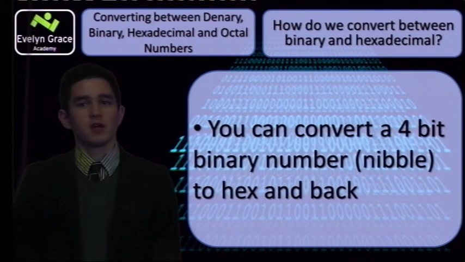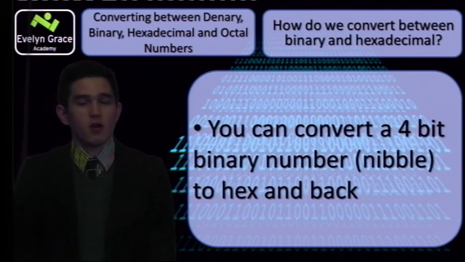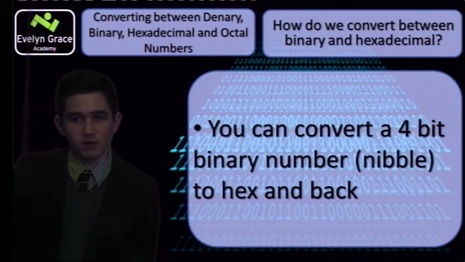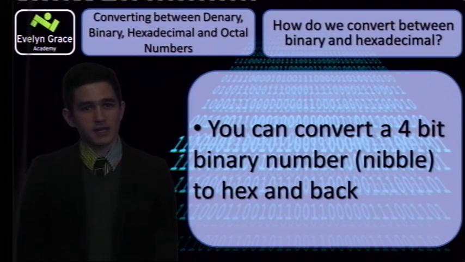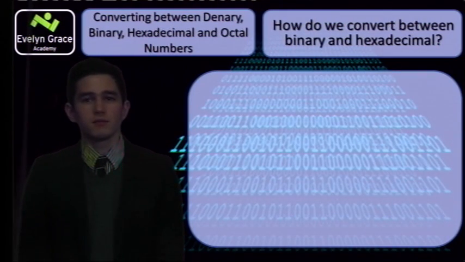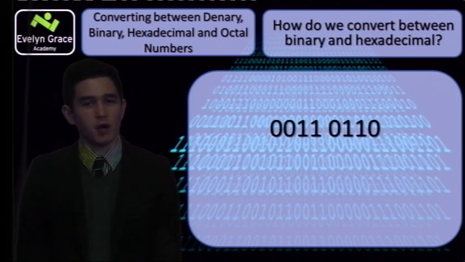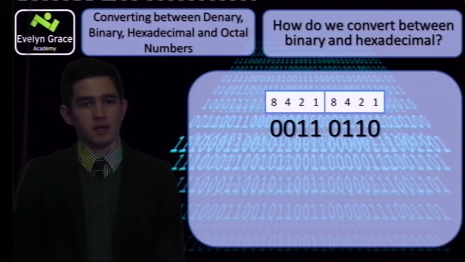How do you convert between hexadecimal and binary and back again? First of all, it's very easy to convert 4-bit binary numbers, which is also known as a nibble, to hex and back again. So let's take our binary number. If we had a binary number of 00110110, first of all, I want to split it into 2 nibbles.